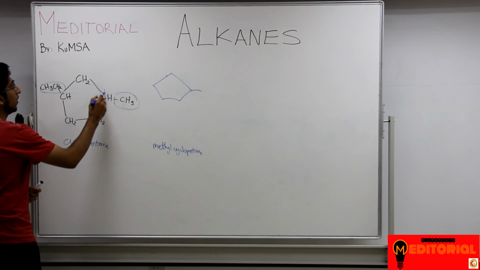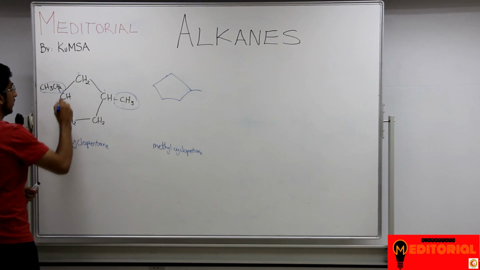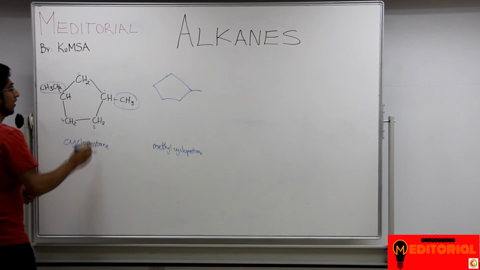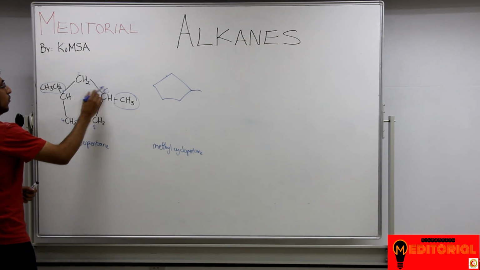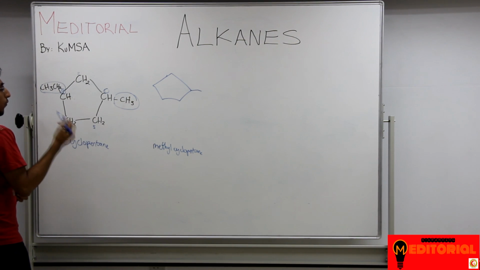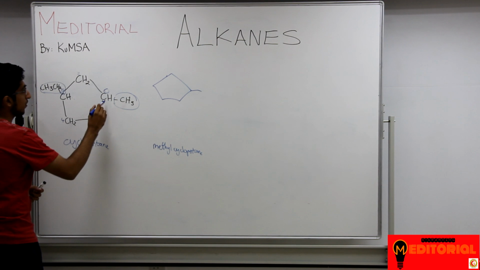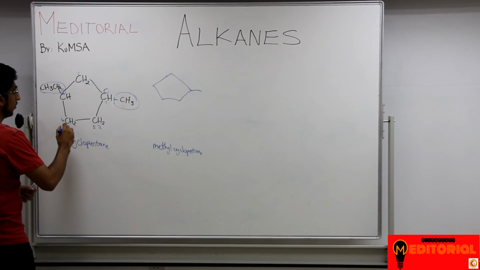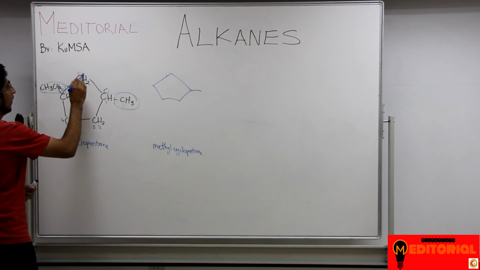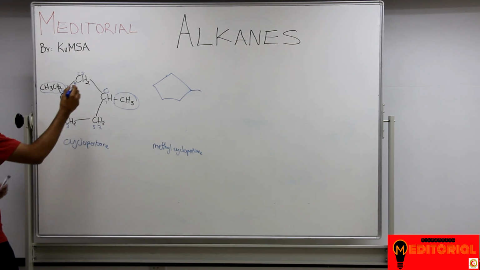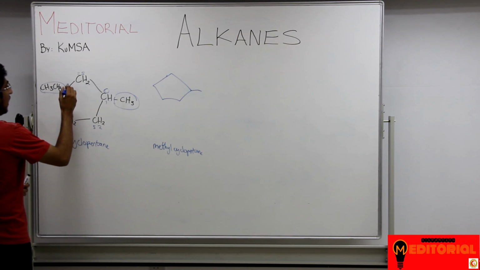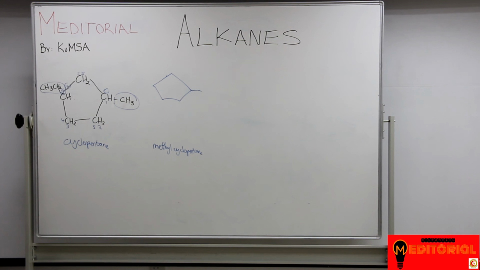So I can see this is 1, 2, 3, 4, 5. In this case, they fall on carbon number 1 and carbon number 3. What about if I do it the other way around? 1, 2, 3, 4, 5. In this direction, it falls on carbon number 1 and carbon number 4. Now, obviously, that isn't the better option. I should try and go for carbon number 1 and carbon number 3.